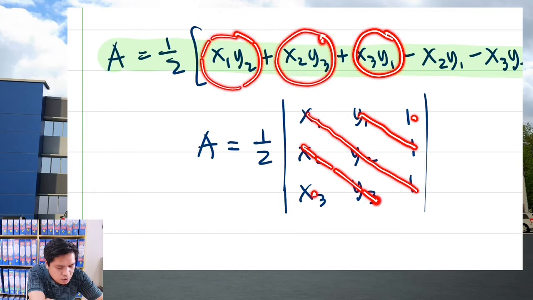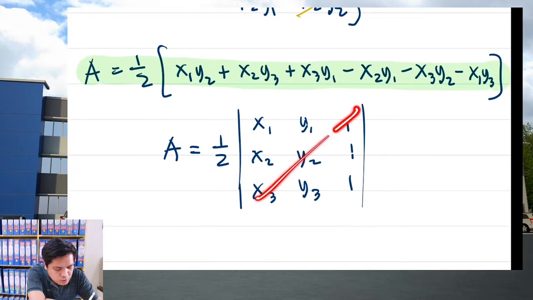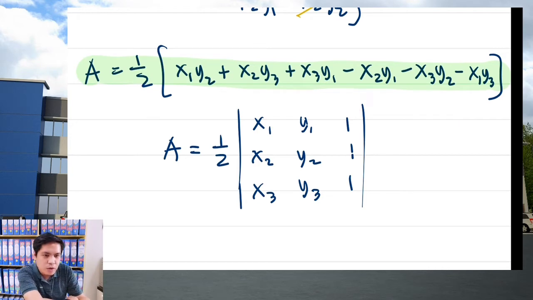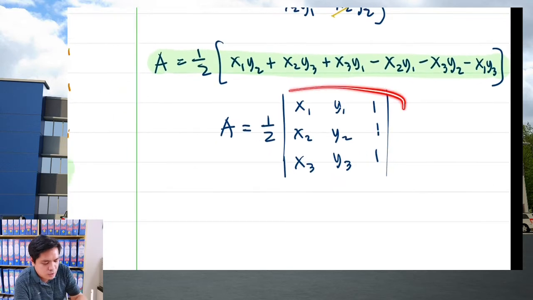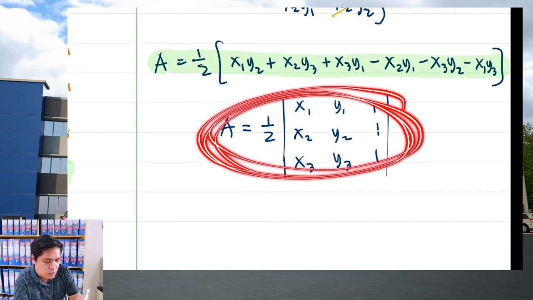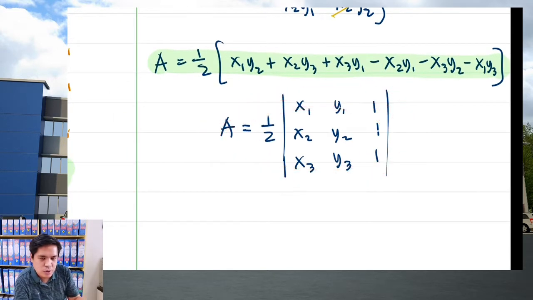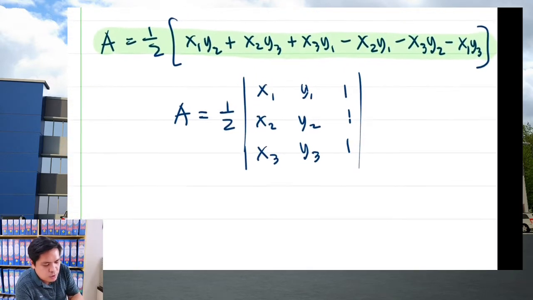Then, minus, pag ganun ka naman. But kung di pa kayo familiar with matrix, ganito na lang. By the way, sa ganitong form, you can use your calculator, matrix mode of your calculator to solve for the area. Sobrang dali.